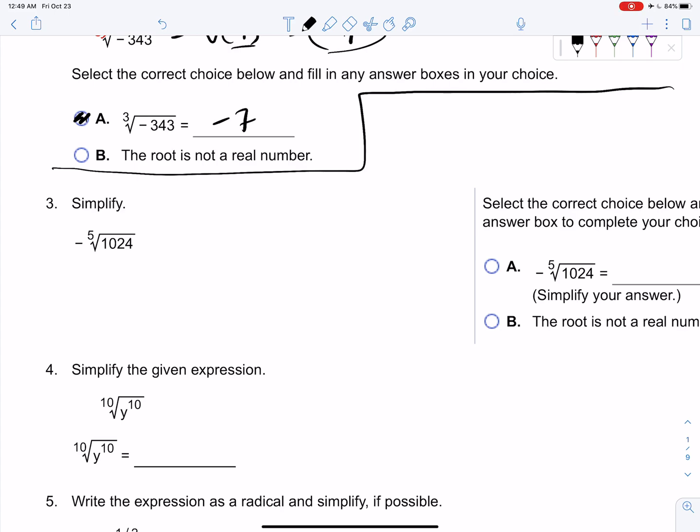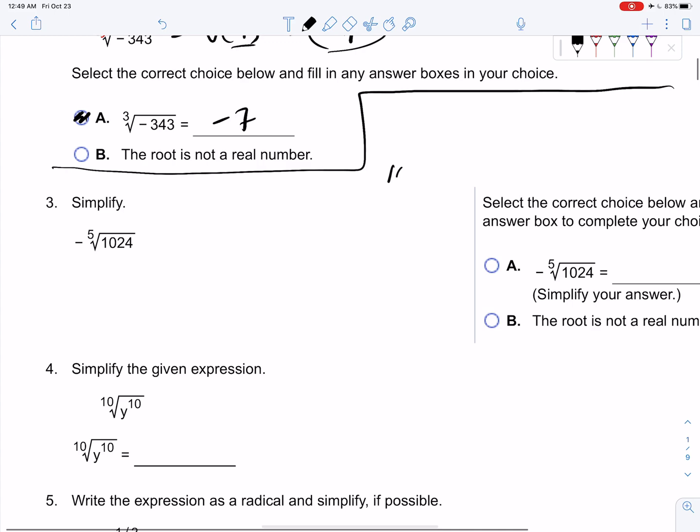So what we want to do is we see 1024. Actually, if we're looking at it, we can factor this down, I think I'm going to grab a calculator on this.